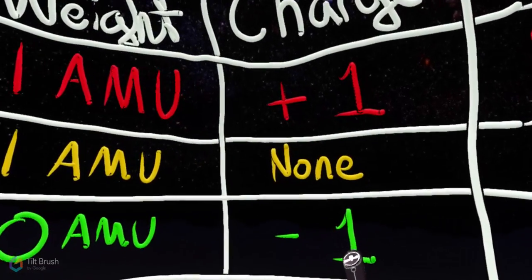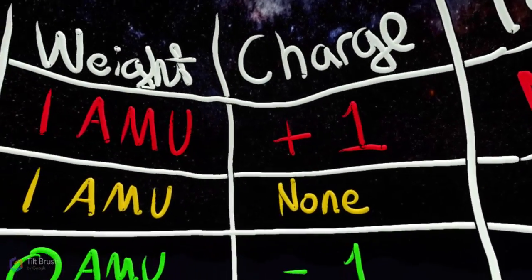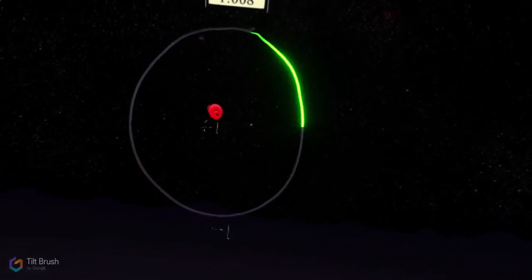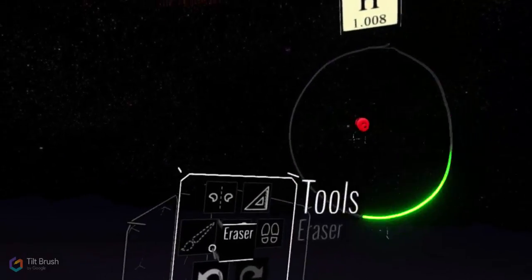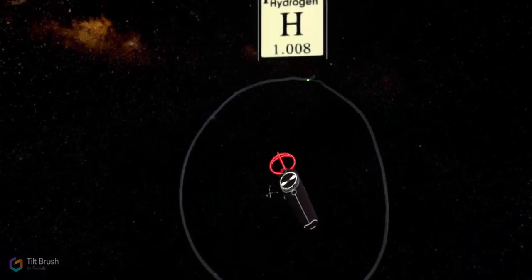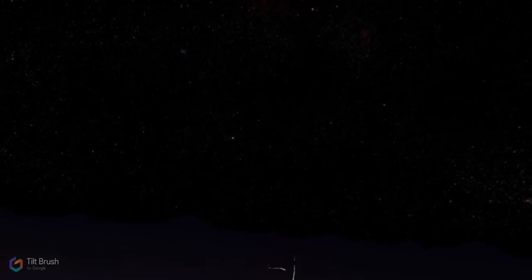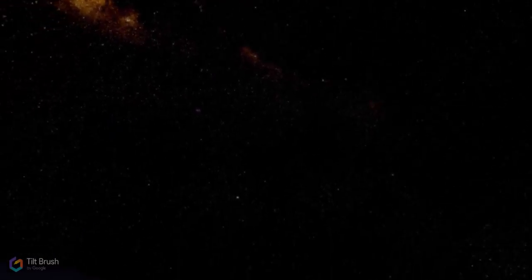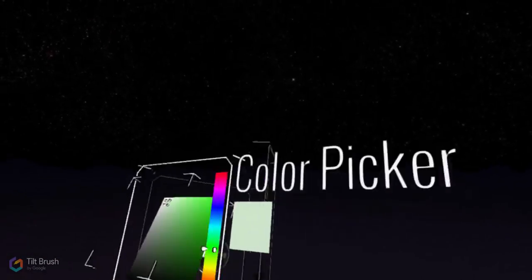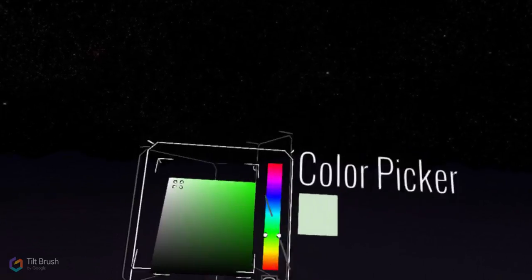If they have more electrons than protons, then they will have a negative charge. All right, I am going to erase this atom. All right, we can get rid of this, and we are going to draw another atom.